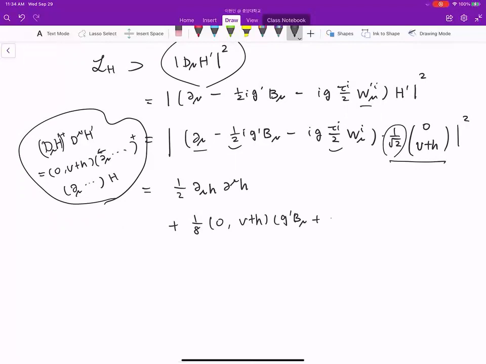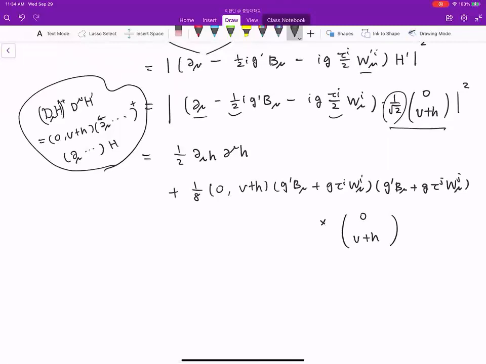And this g tau I and g prime B mu tau J. Let me introduce another summation index for SU(2) times U(1). So only these two.